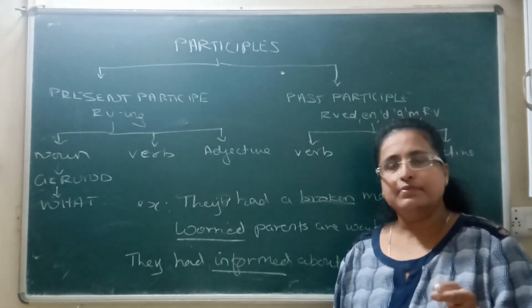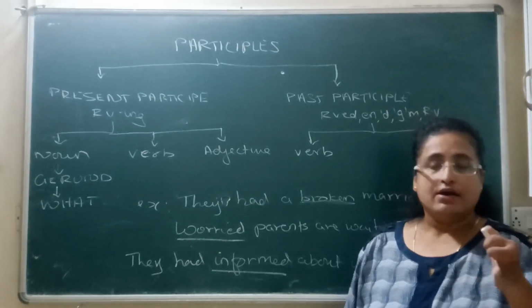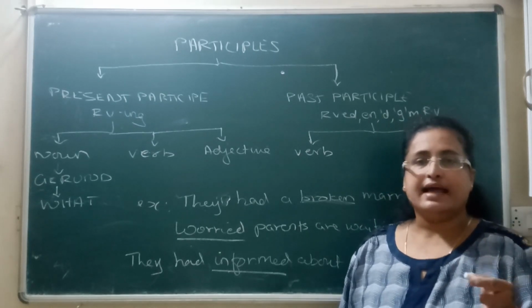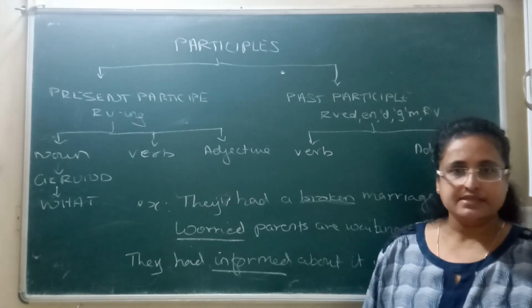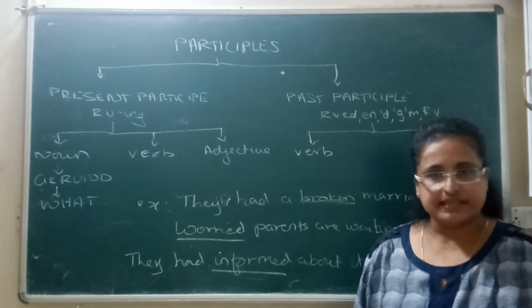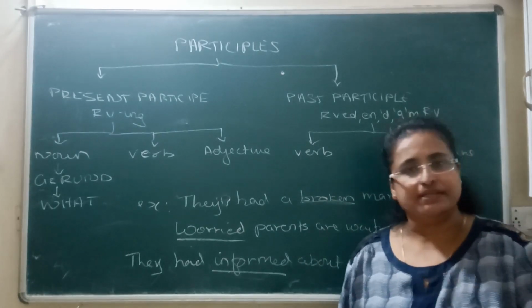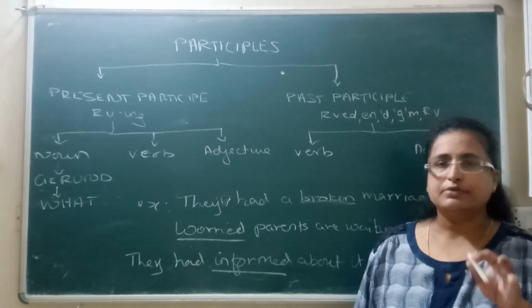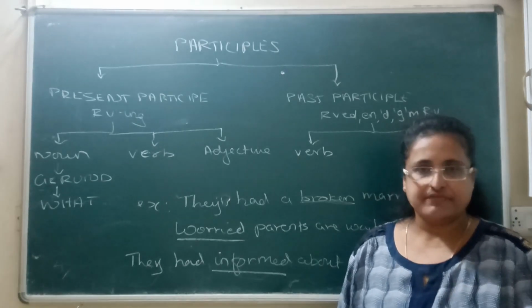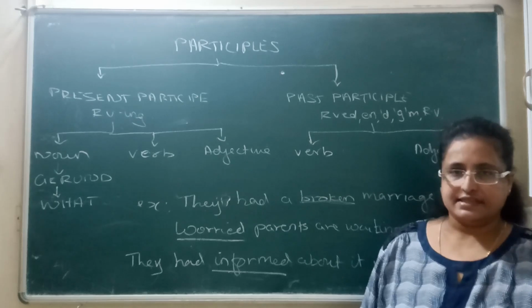And for the verb, you always remember verb participle, it is always in the continuous format, and in the aspect of perfect continuous you are using the verb participle. And it can also take up adjective function, and for adjective function you ask the question which. So thus you can understand how the present participle is functioning, whether it is a gerund or a verb or an adjective.